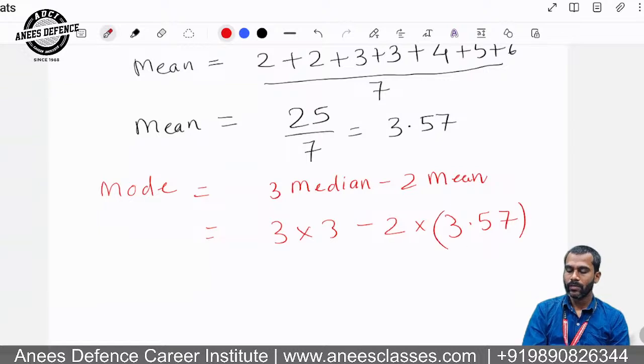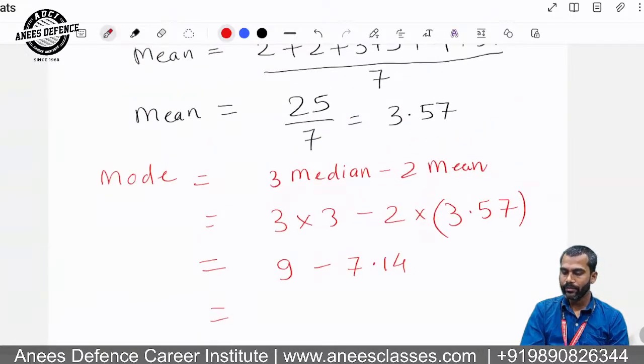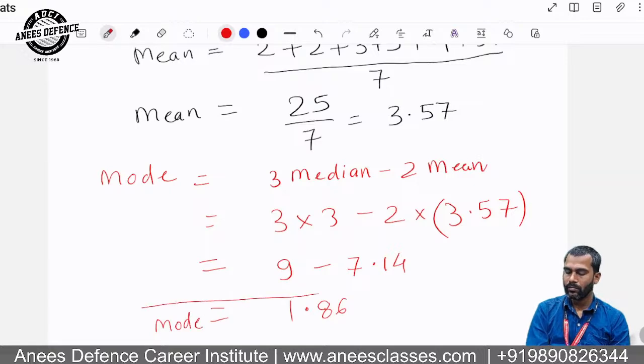So you'll get 9 minus 7.14. Now if you subtract 7.14 from 9, what will you get? 1.86. So 1.86 is mode.